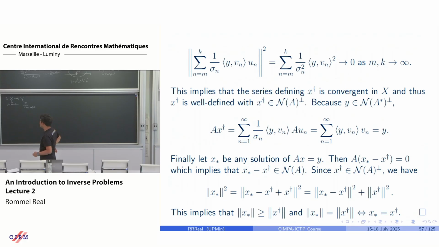We can see that the norm of the perturbation y sub k minus the exact y is equal to the square root of sigma k. Moreover, the equation Ax equals y sub k is solvable with the minimal norm solution given by x sub k dagger, which is equal to this one using the definition. But the point is that, same as in the previous example, we can show that the problem is ill-posed. That should not be there, I'll correct it later on.